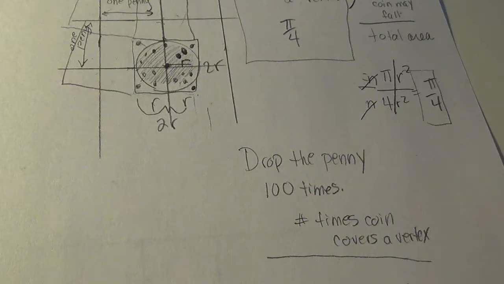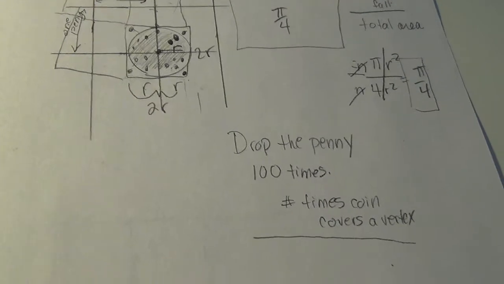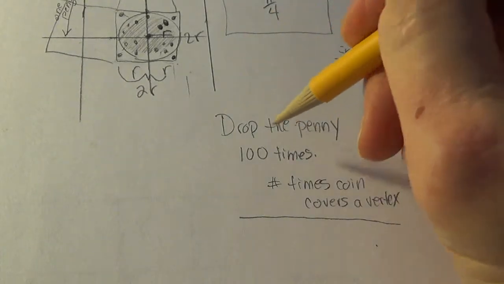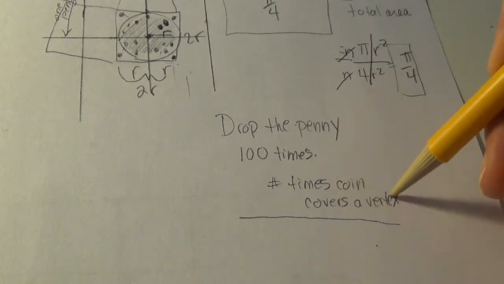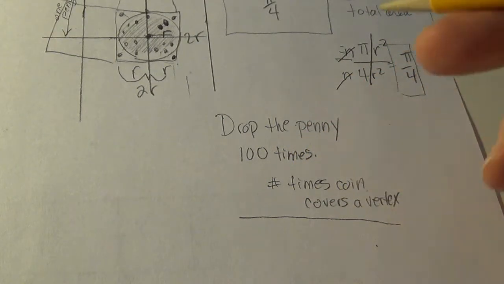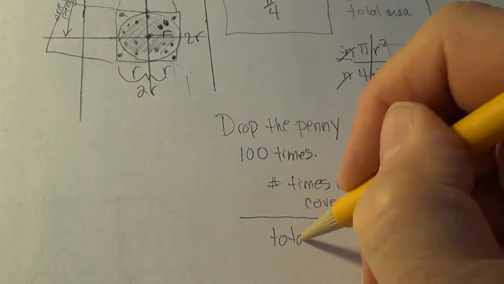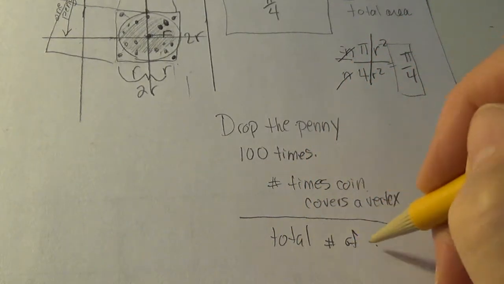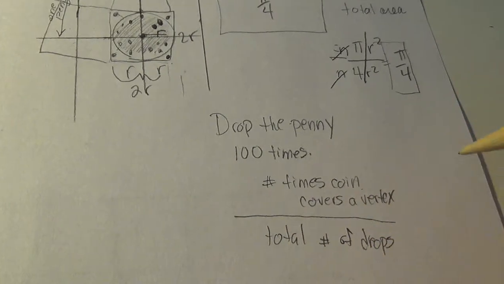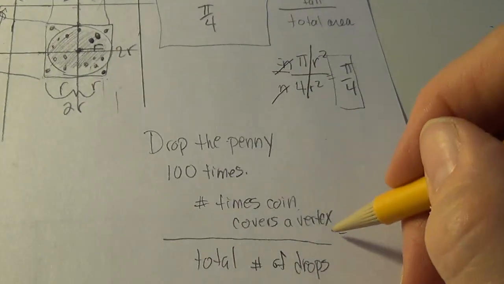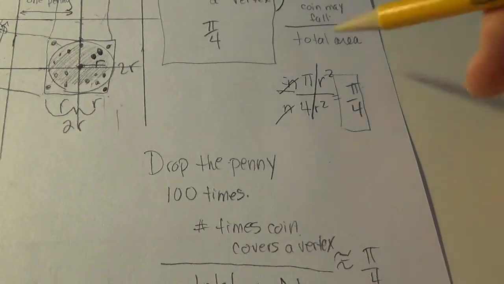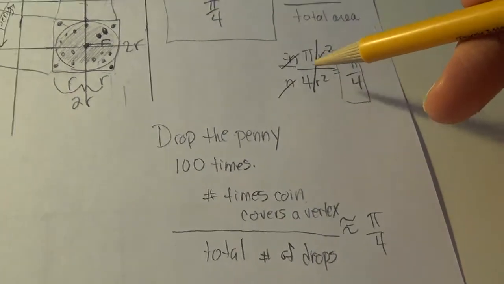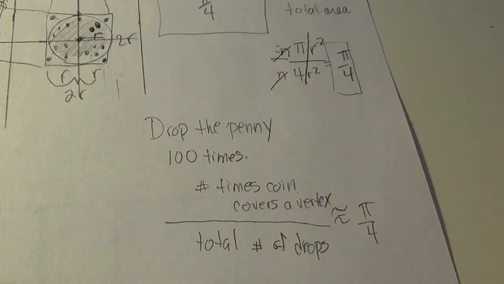If your coin pops off of the paper, which it does, don't count that one. So we'll drop the penny 100 times onto the paper. The number of times the coin covers a vertex, so you're going to keep count, divided by the total number of drops will give you a probability, and that should approximate pi over 4. So pi over 4 is what we calculated, and your number should be pi over 4.